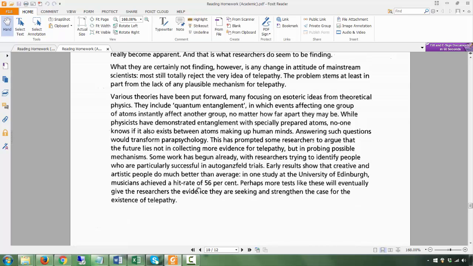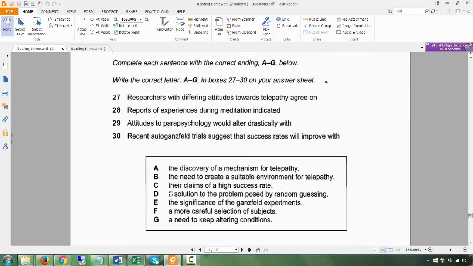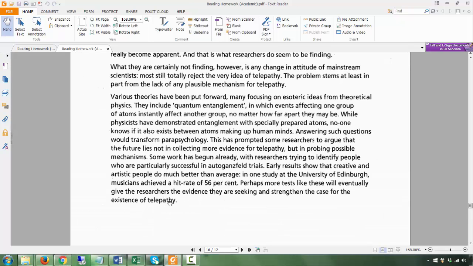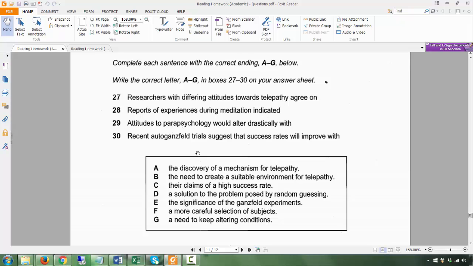This suggests that success rates will improve with a more careful selection of subjects, because who are the successful subjects? Creative and artistic people. So if you carefully select such people, then their success rates will improve.